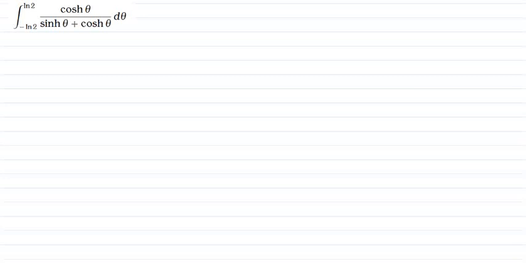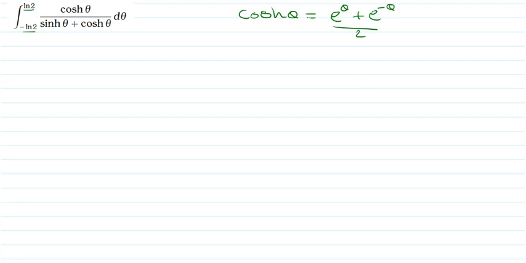So to integrate this one, first thing I'm going to ignore the limits, then apply them in the end after simplifying the expression. Second thing, I'm going to outline the identities. We know that cosh theta is equal to e to the power theta plus e to the power negative theta over 2.